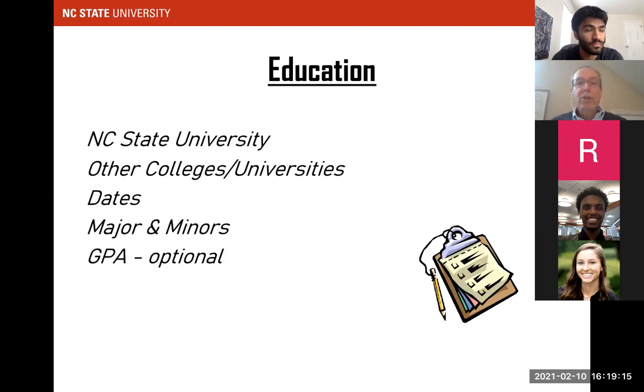And you don't have to go in great detail. Let's say somebody went to Wake Tech for one summer. You could just put on there, Wake Tech Community College, summer 2019. It could be as simple as that. Because when you apply to medical school, they're going to see your transcripts. You're going to turn them in for NC State and everywhere else you went. So you don't need detail. You just need to show that you went there, and that's part of your education.